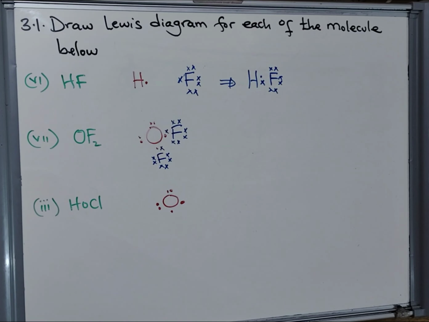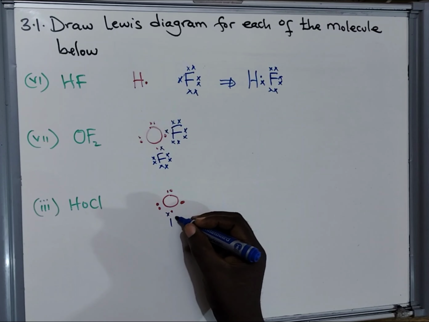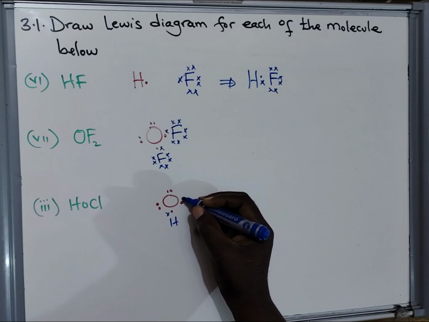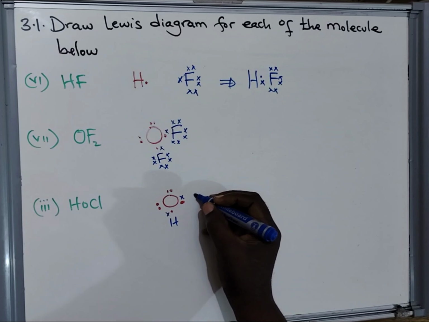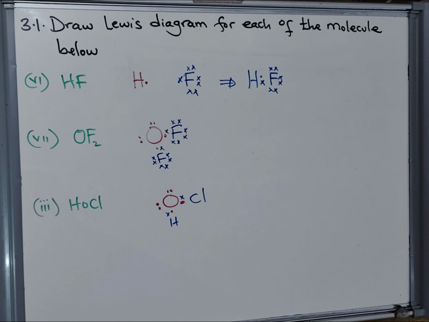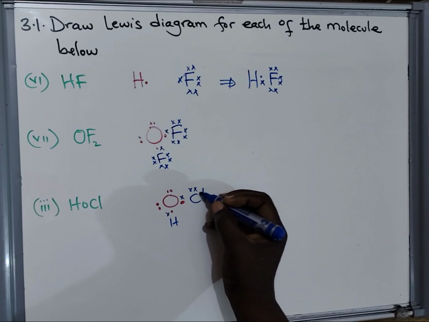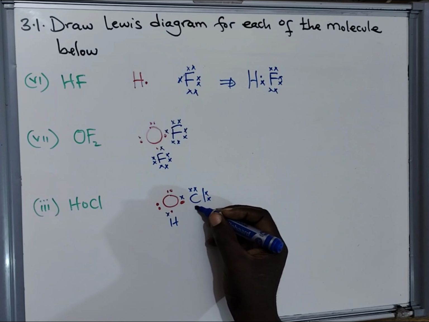On one side it bonds with hydrogen. On the second side it bonds with chlorine. But we have to know that chlorine has 7 valence electrons. So this is 1, 2, 3, 4, 5, 6, 7. That is that.